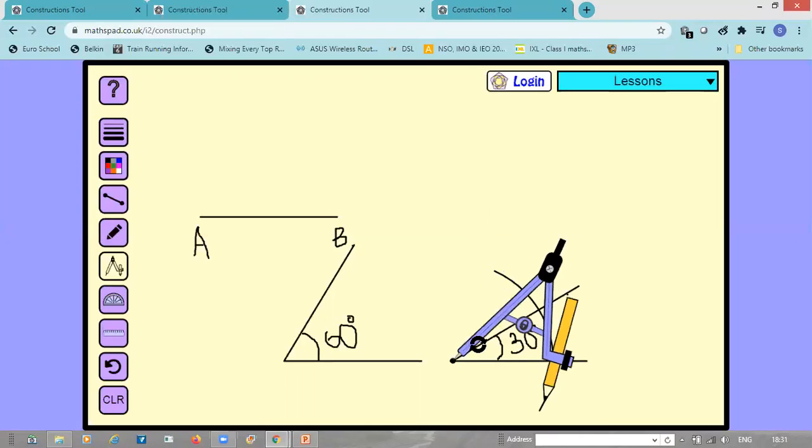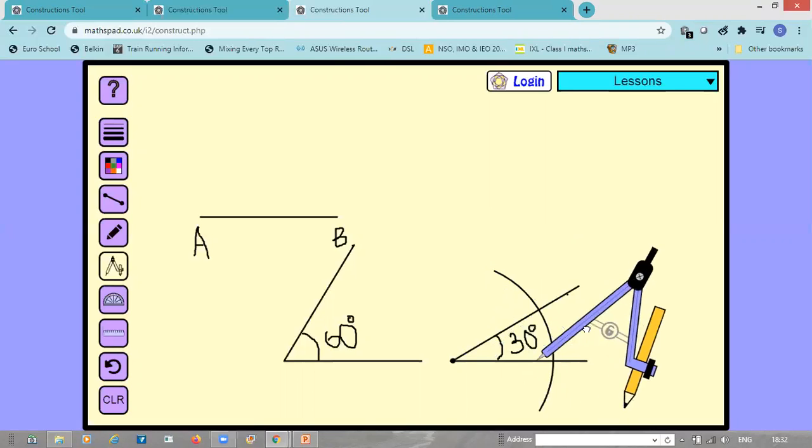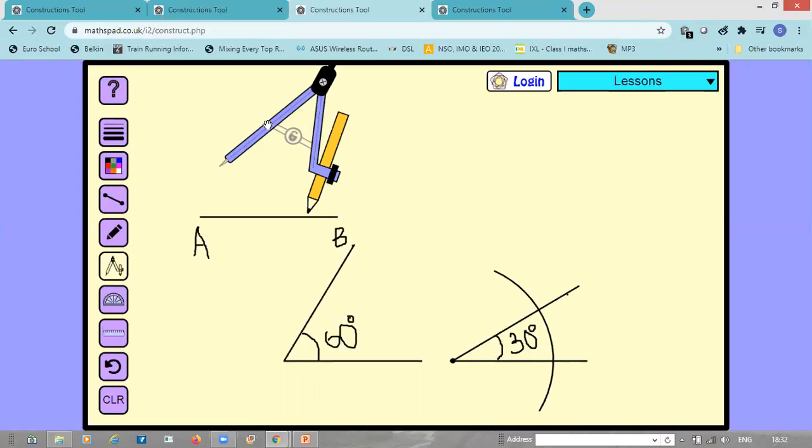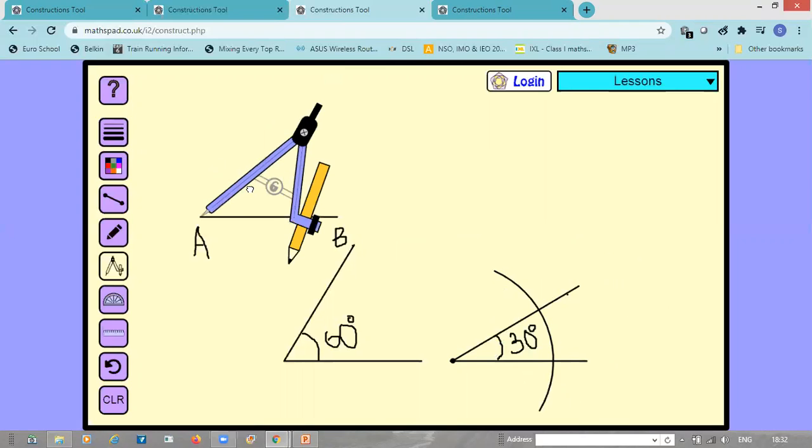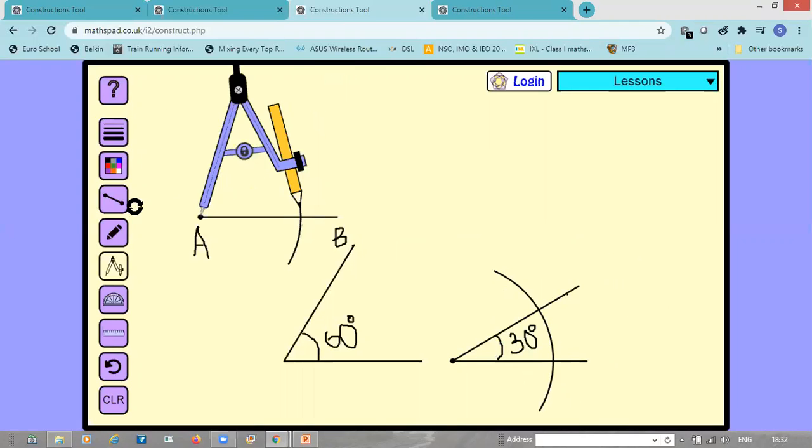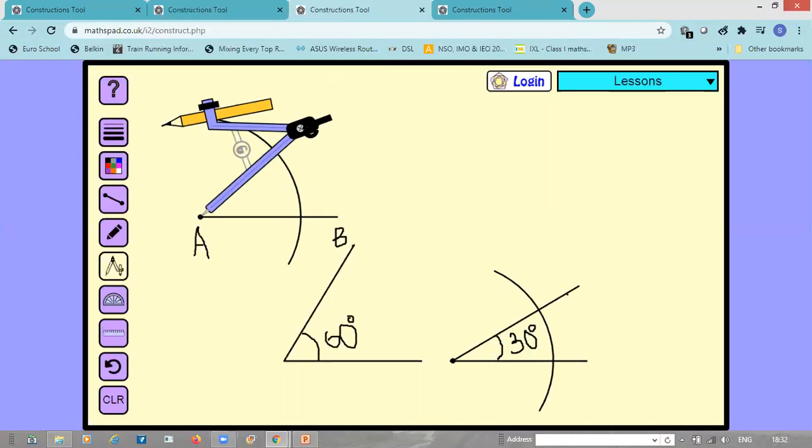So I will just complete that and show it to you, how it will look. Till then, you can see how I'm making the arcs.